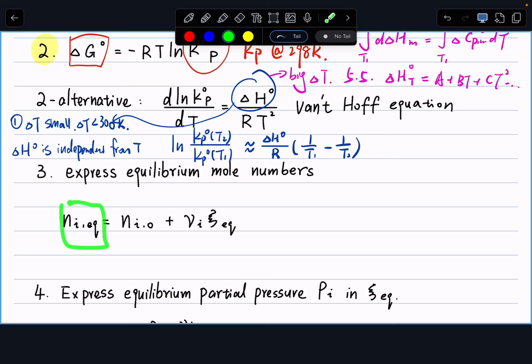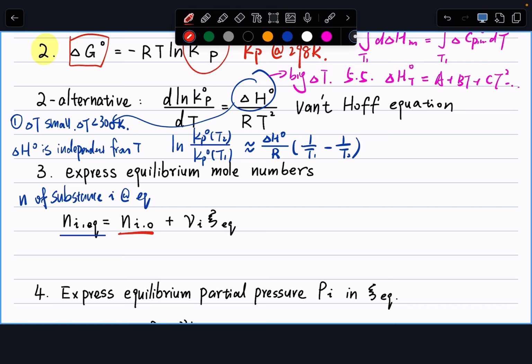So here we're saying N_i at equilibrium, that's the number of moles of substance i at equilibrium. And naturally that equals your initial number of moles of substance i.